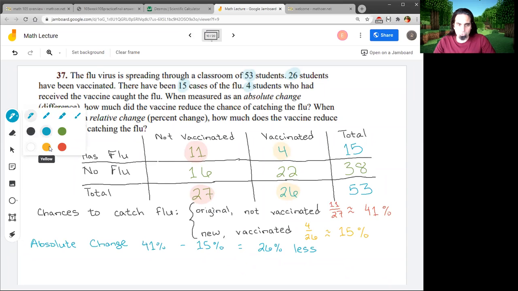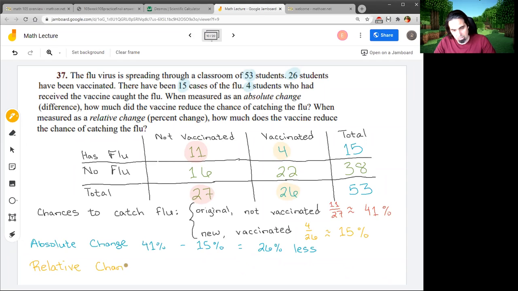And we can also do a relative change. So a percent change over original. Now I'm glad I did set it up the way I did because this will actually match.